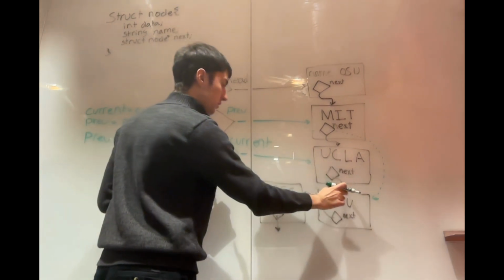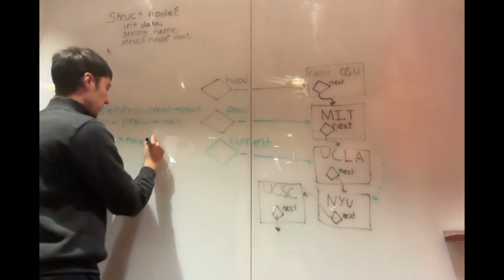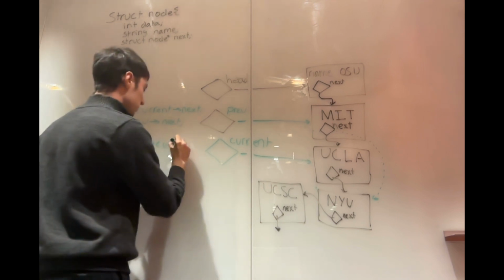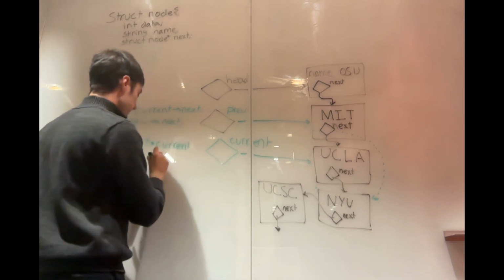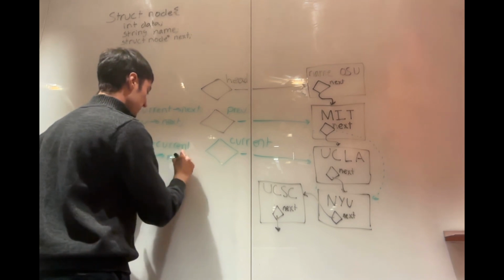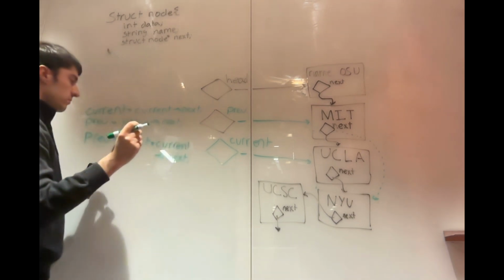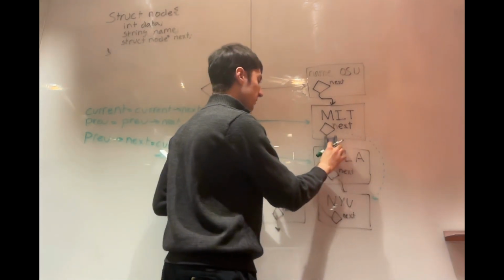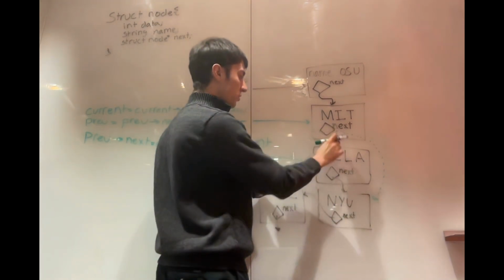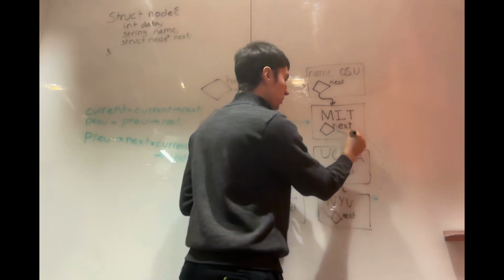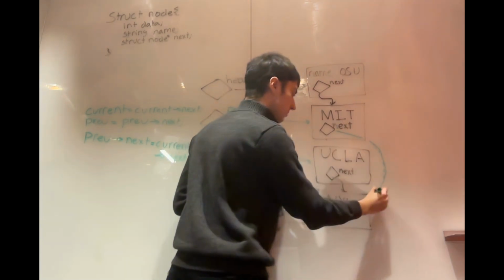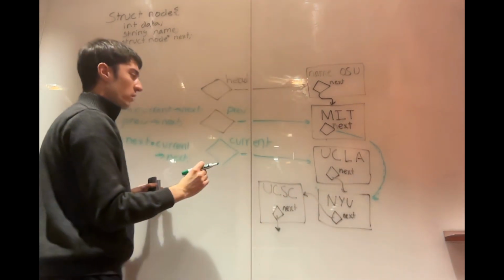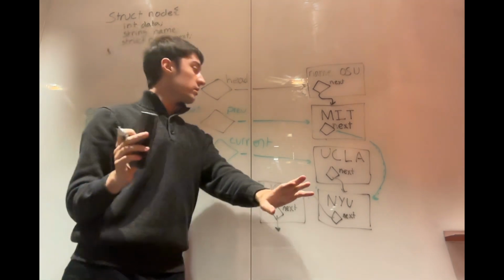Current next points to there. So prev next equals current next. Okay, so that takes this away. It's no longer equal to UCLA, but rather it's equal to NYU. Okay, cool. That's almost what we want.